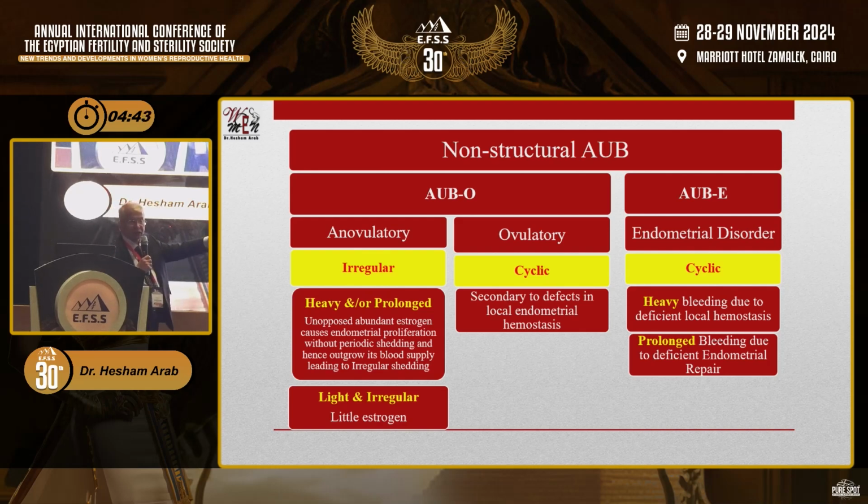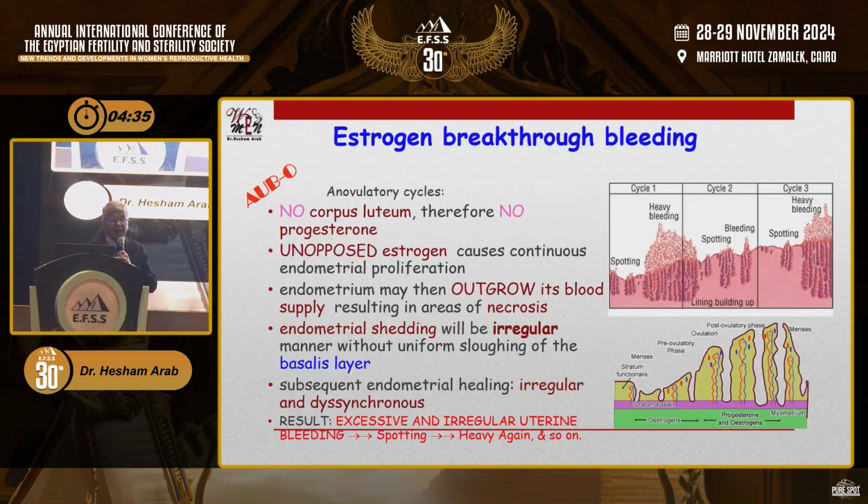The AUB-E is related to the endometrial problems. So then there you have also endometrial pathology. And here I can show you how the estrogen factor really causes this breakthrough bleeding. When you have unopposed estrogen, you will have an outgrowth of the endometrial cells, which, if it outgrows its blood supply, will slough away.